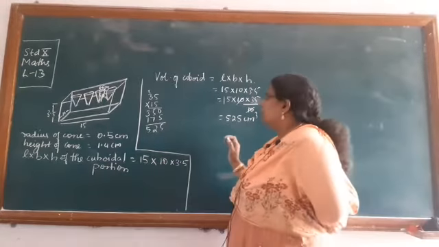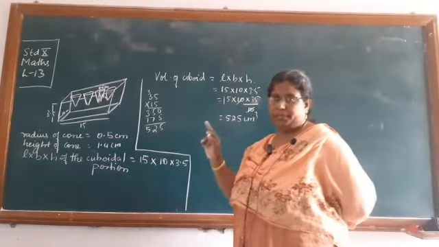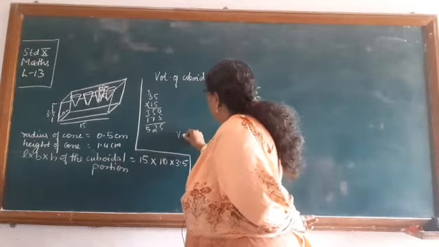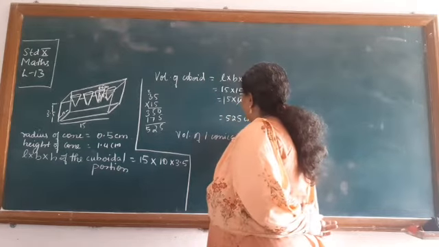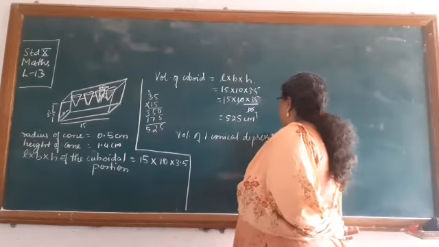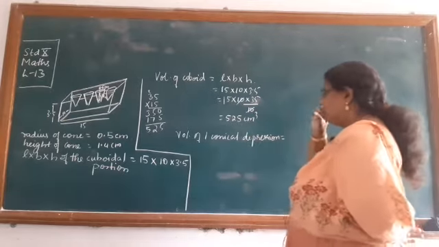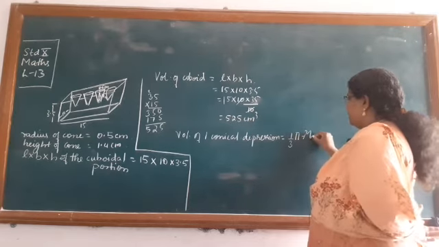Okay. Now, what is the volume of one conical depression? Volume of one conical depression will be equal to, now what is the volume of a cone? It is 1/3 pi r square h.